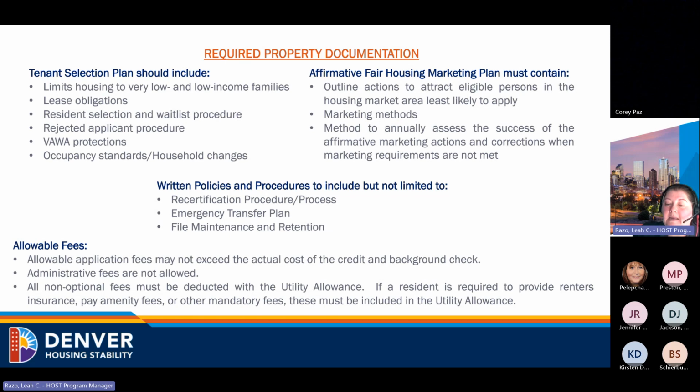From that, you're going to back out your utility allowance and any kind of non-optional fees like rental insurance. And then the total that you get is what you can charge your tenant as tenant rent. So just something to keep in mind, and we'll go over that a little more later on in the presentation.